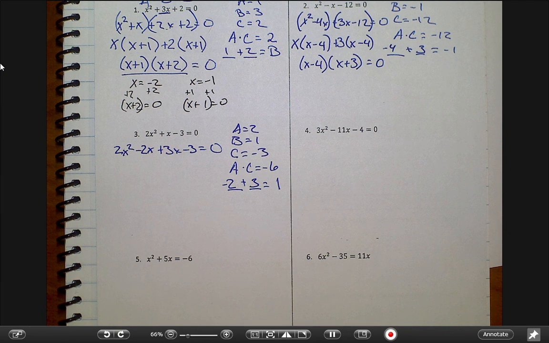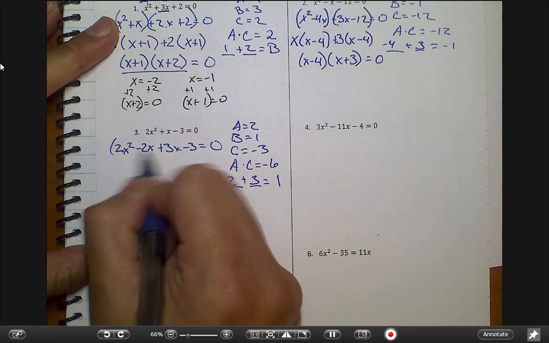Can it be 3 minus 2? Yeah, it can be. I always like putting the negative first. It does the same thing. It's just when you factor, it's slightly different, but your end result will be the same.